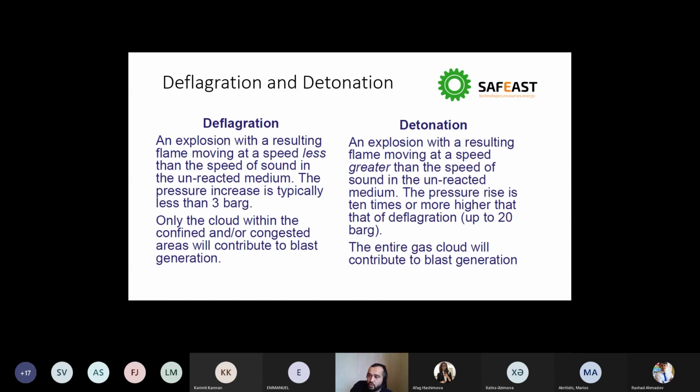When an explosion has a flame moving at a speed less than the speed of sound, this is called deflagration, and this typically creates less than 3 barg overpressure. When detonation happens, it is obviously moving at a speed greater than the speed of sound, and the pressure sometimes rises to 10 times that of deflagration. So it could be, I don't know, 15-20 bar of overpressure.